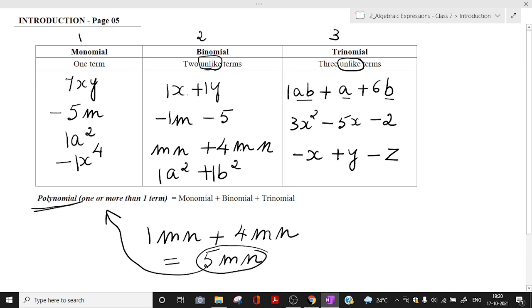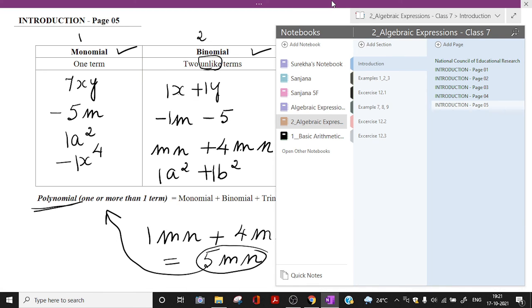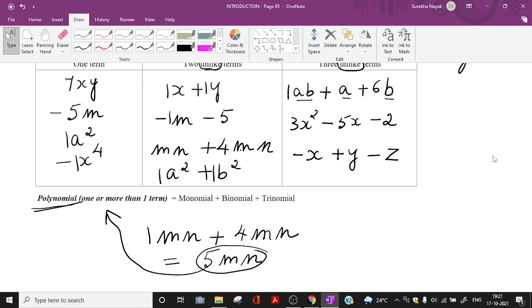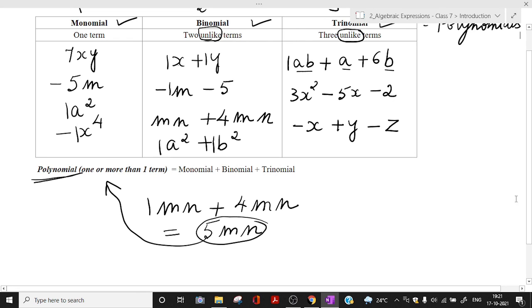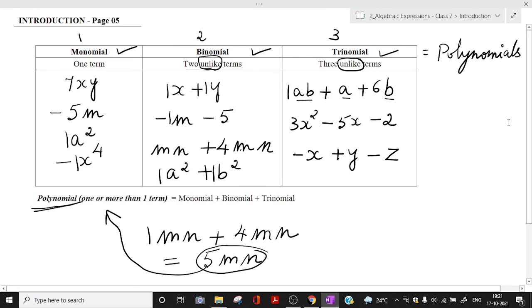That means all these monomials, binomials and trinomials, they all together are called polynomials. I guess more or less we have completed the topics that are required for understanding the basics of algebraic expressions.